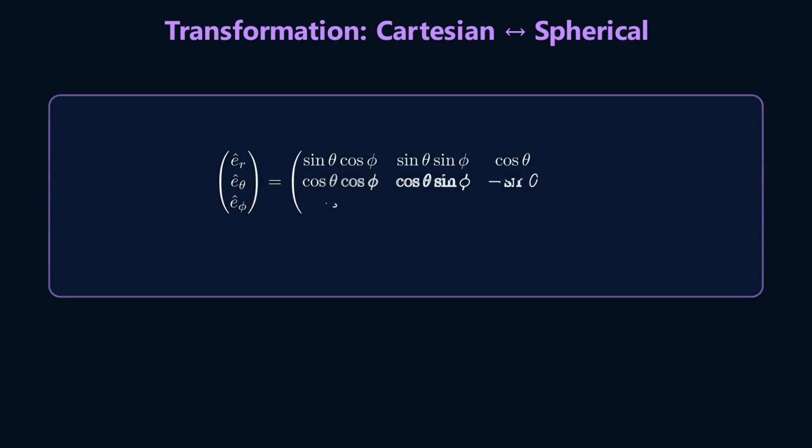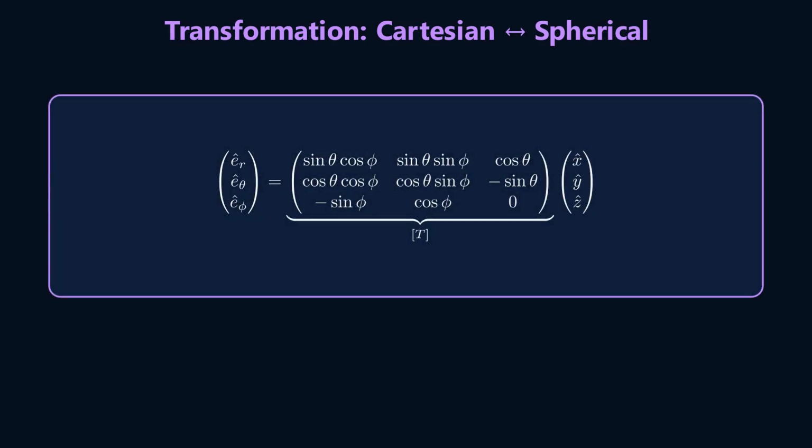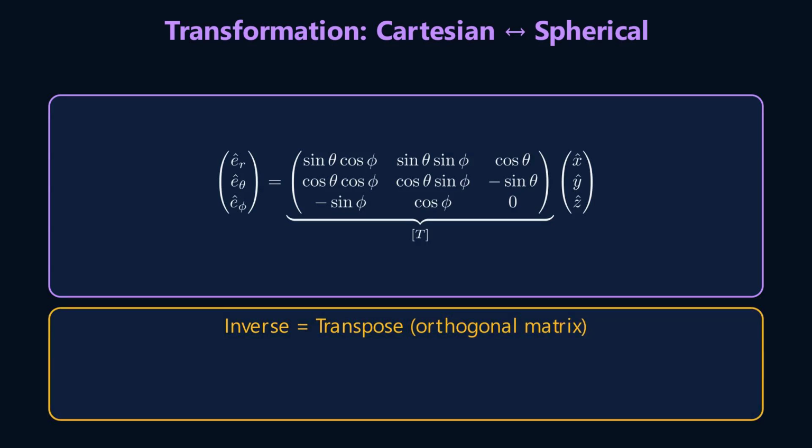For spherical coordinates, we write the position vector as r equals r sine theta cosine phi e hat x plus r sine theta sine phi e hat y plus r cosine theta e hat z.